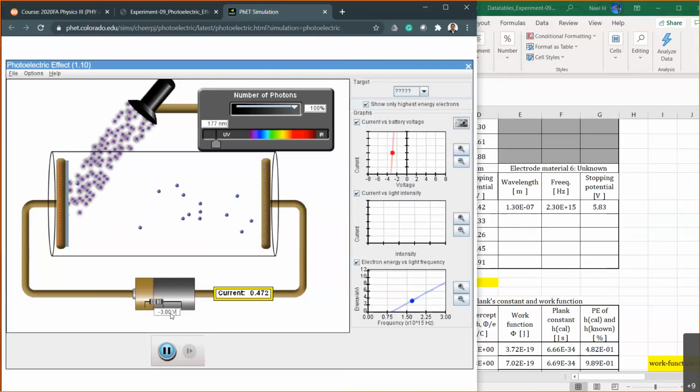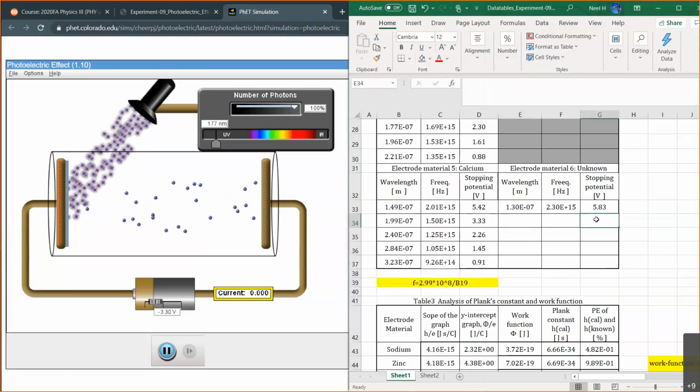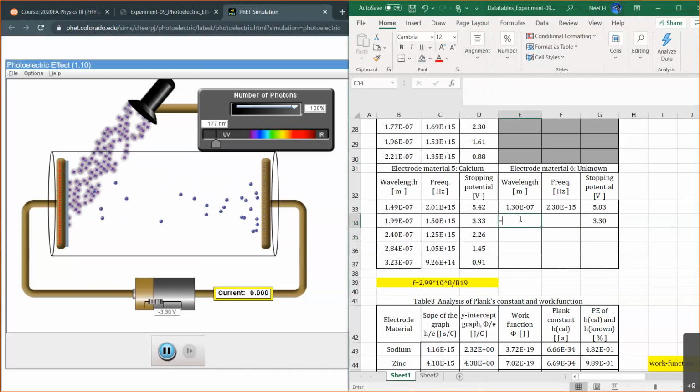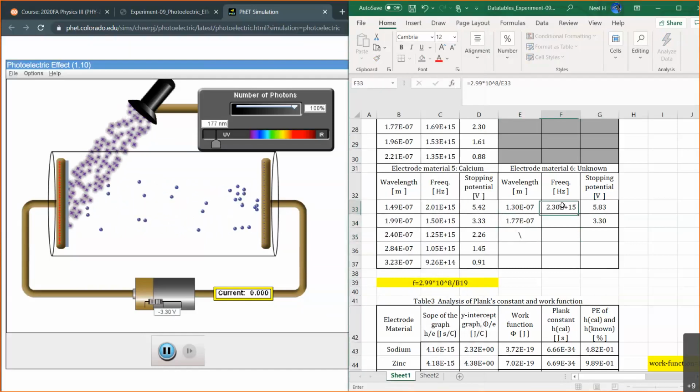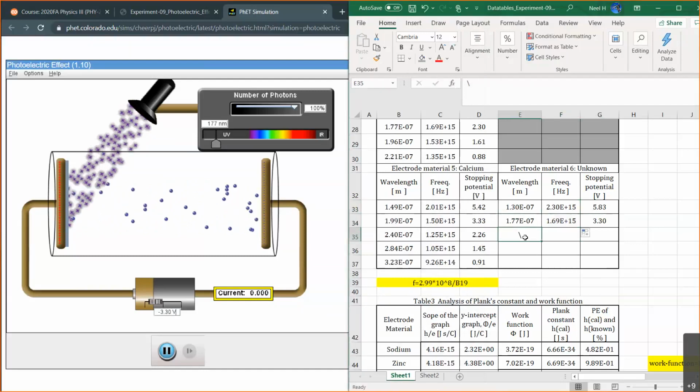Negative 3, probably a good number. 3.5, too high. 3.2, 3.3, too high. 3.25, 3.27, 3.29. 3.3 is the best. 3.3. Wavelength is 177 multiplied by 10 to the power minus 9. Frequency you can click and drag.